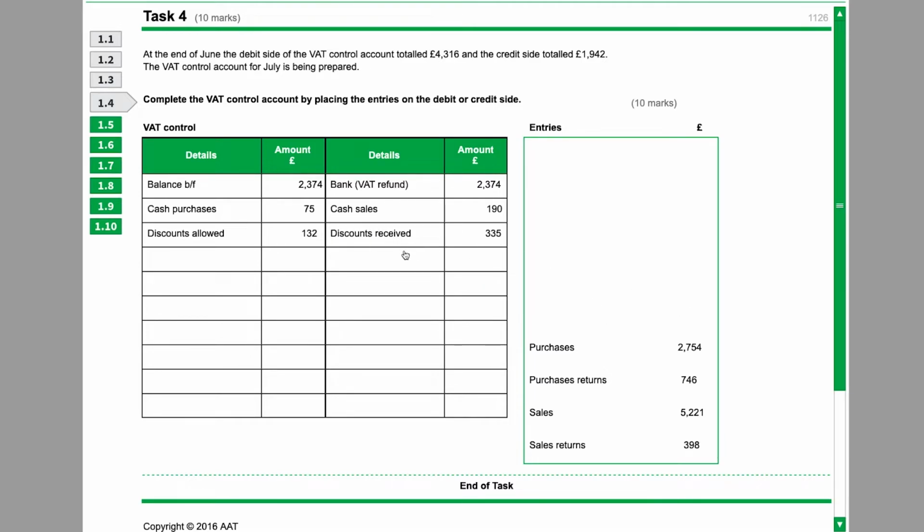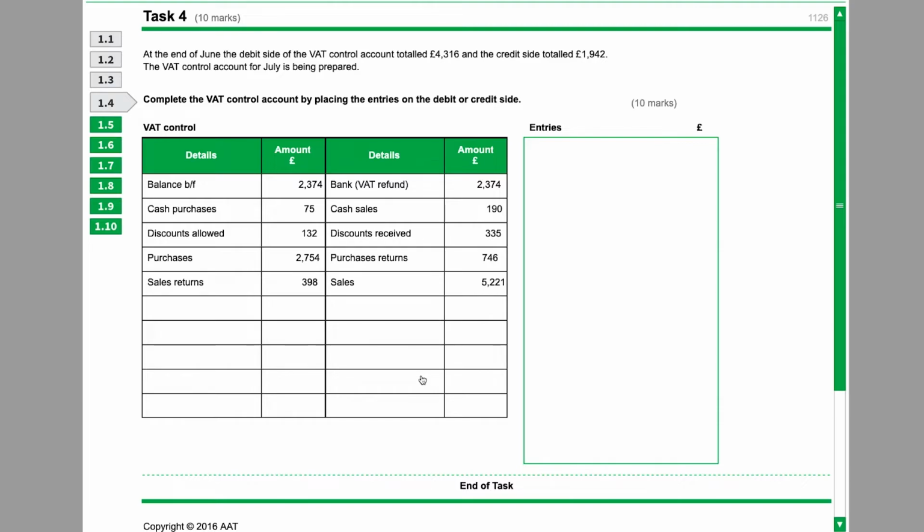Discounts received, classed as income, go on the credit side. Purchases would go on the debit side. Purchase returns would then go on the credit side. Sales would go on the credit side. Sales returns on the debit side.